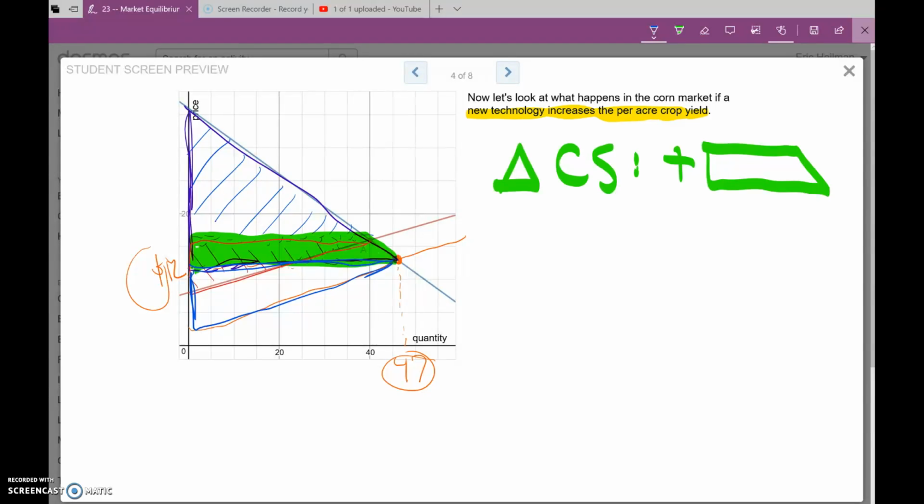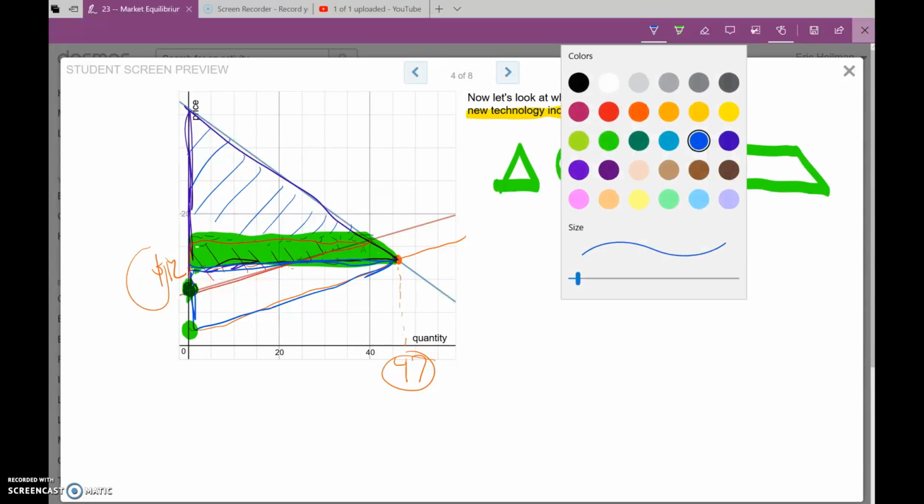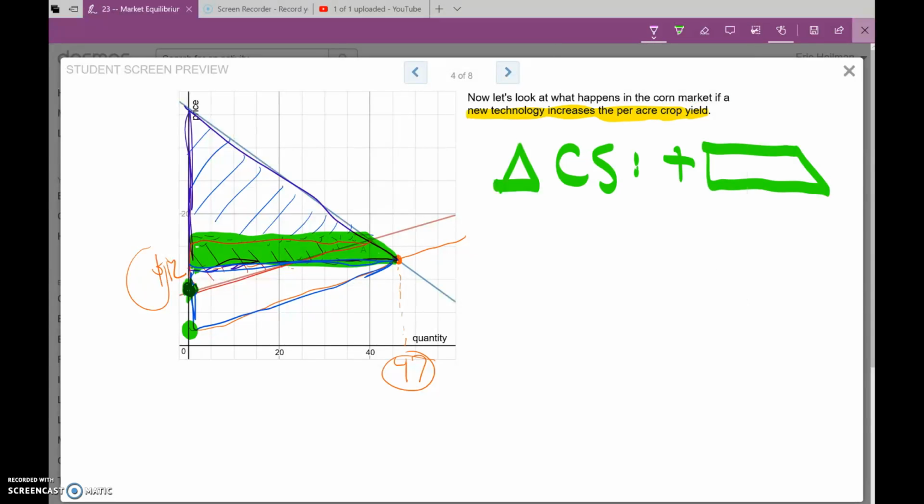If you take the original producer surplus, which was the smaller original triangle, and you squash it down so that this original corner vertex right here is lined up with the bottom corner of the larger triangle, it'll look like this, in pink. So this is where the original producer surplus would fit if you squash it down into the new producer surplus.